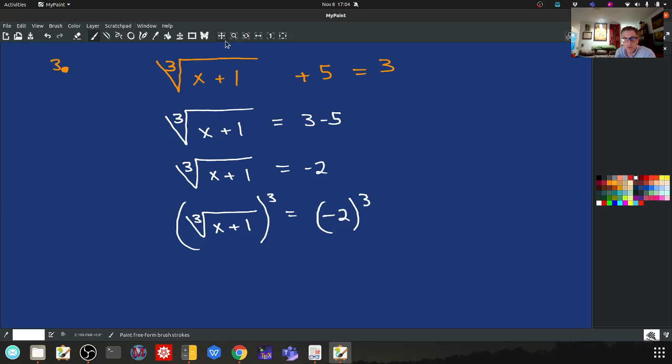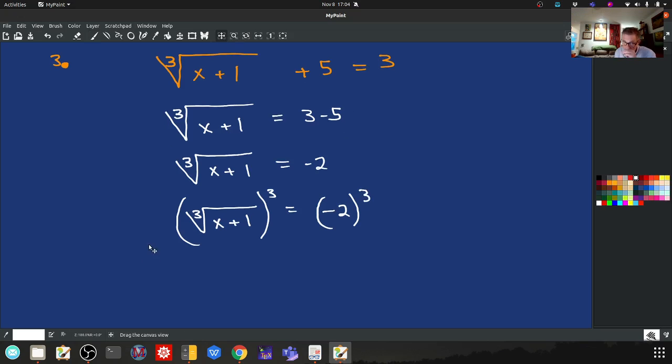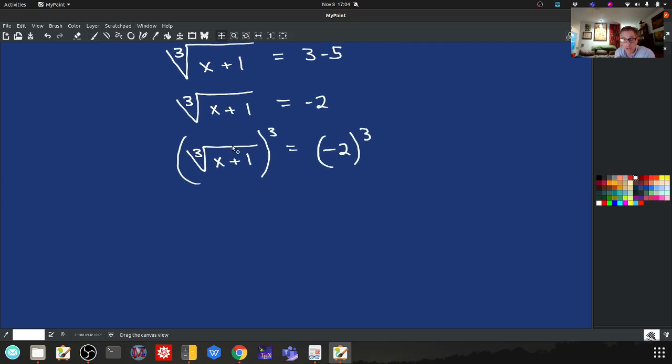Now, cubing a cube root removes the radical symbol. So I get x plus 1. Great, much better, right? And -2 cubed is -2 times -2, which is 4, times -2, which is -8. So, subtracting 1 from both sides, I get x is equal to -9. So this is my tentative solution.